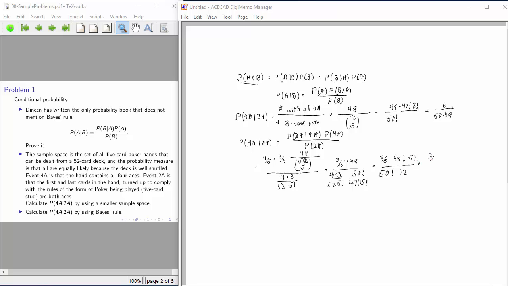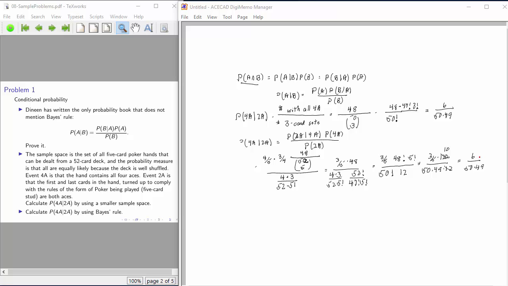That's 3/5 times 120. 50 factorial over 48 factorial is 50 times 49 times 12. And what do you know? I've got 3/5 of 10, which is 6 over 50 times 49. Same answer, but this is a nice example of how Bayes' rule can make the computation more tedious rather than easier.